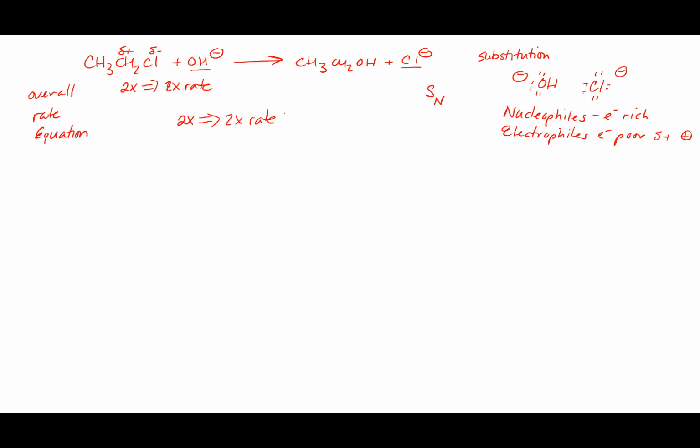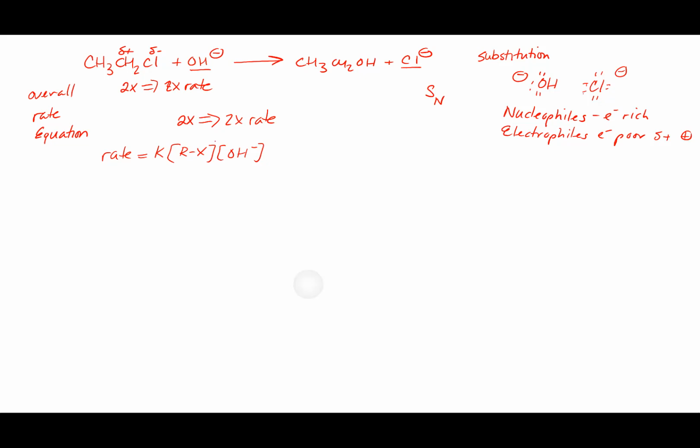So now we have enough data to write a rate equation. The rate equation being rate equals k times the concentration, and I'm going to substitute just RX for the alkyl halide, and then the concentration of the hydroxide.